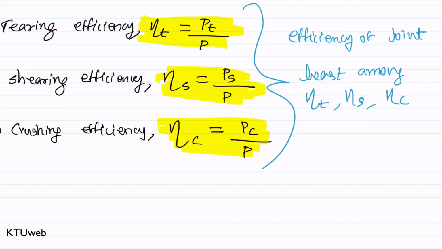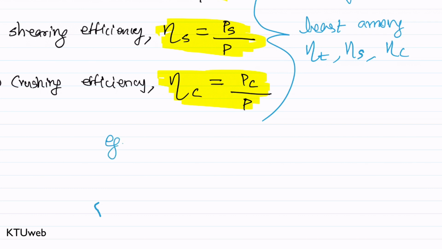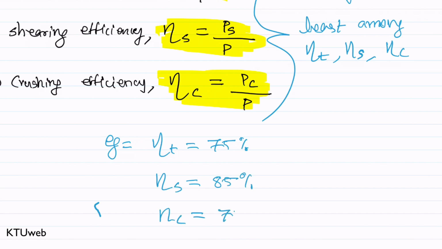Suppose for an example you have eta T equal to 75% and eta S equal to 85% and eta C equal to some 72%. When you have to find the efficiency of the joint, you have to find these three and finalize eta C as the efficiency of that joint.